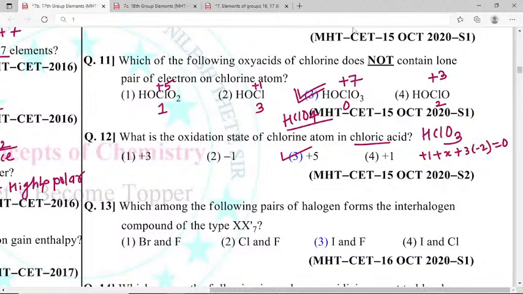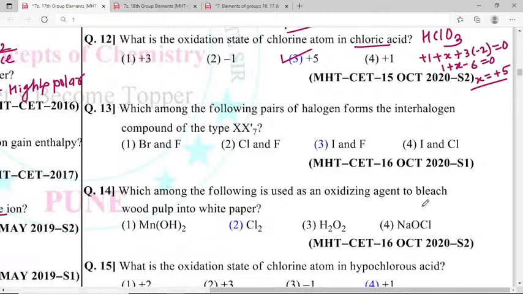So 1 plus X minus 6 is equal to 0. So X is equal to how much? +5. Get it? So that's chloric acid, +5. Always remember.